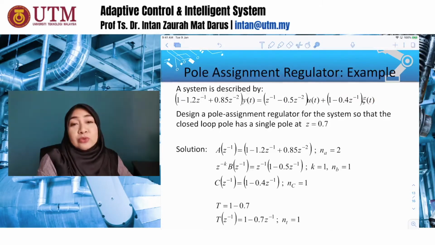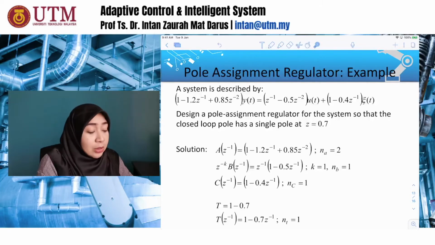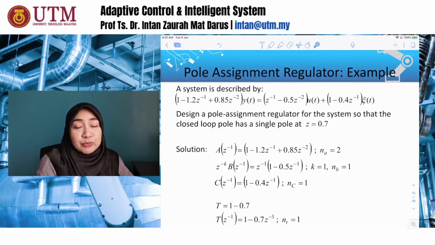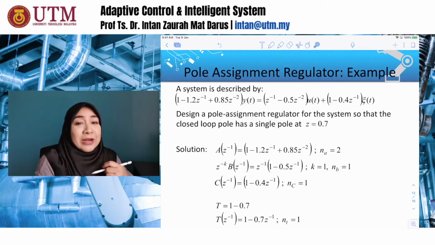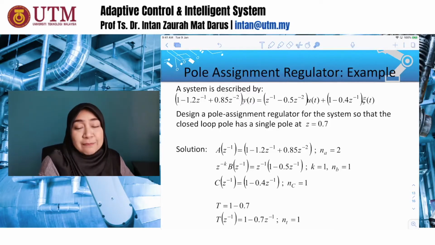So what you want to do is design a controller with a pole assignment regulator, so that the system has a single closed loop pole at z equals 0.7.